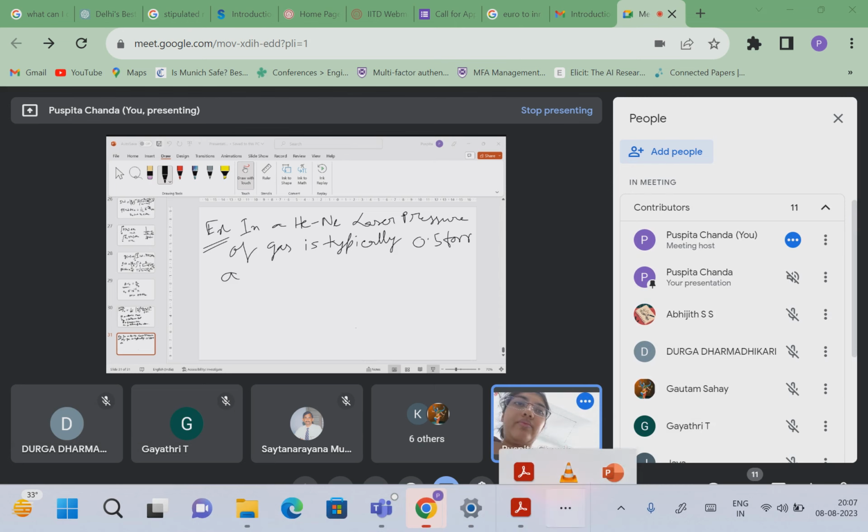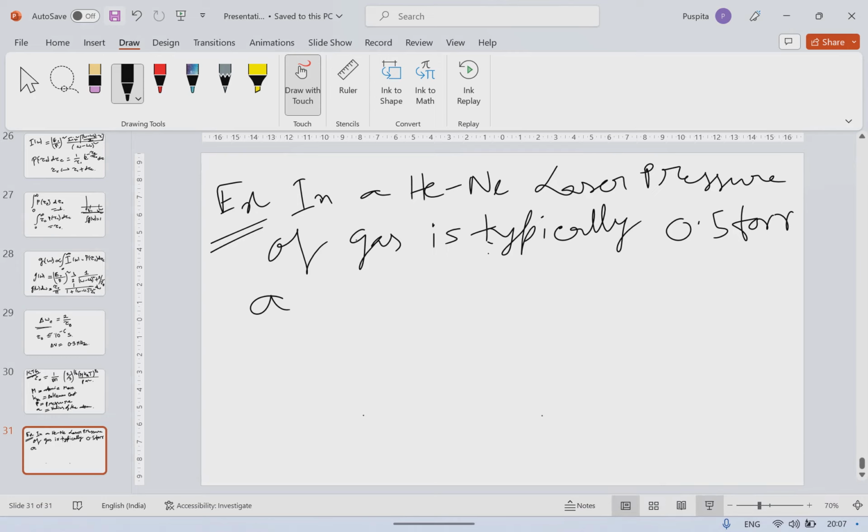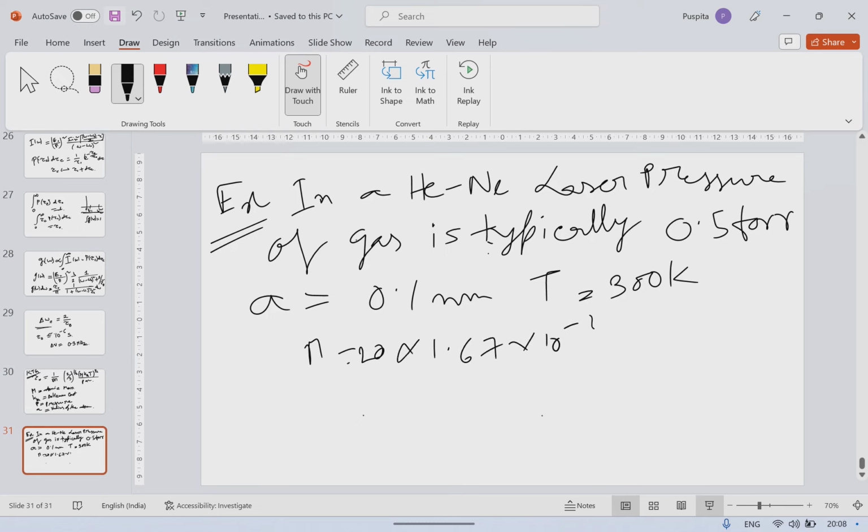Okay. This is typically 0.5 torr. We have assumed that a is 0.1 nanometer, T is 300 Kelvin, M is 20 into 1.67 into 10 to the power minus 27 kg.